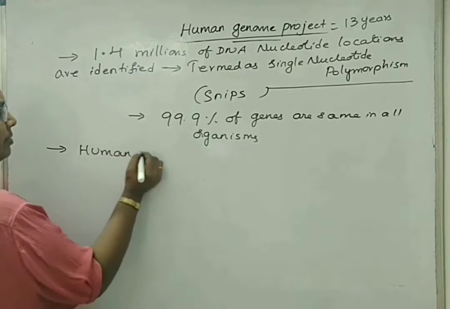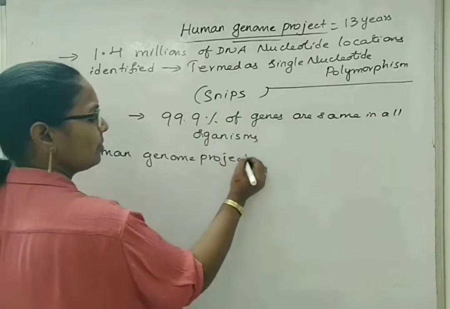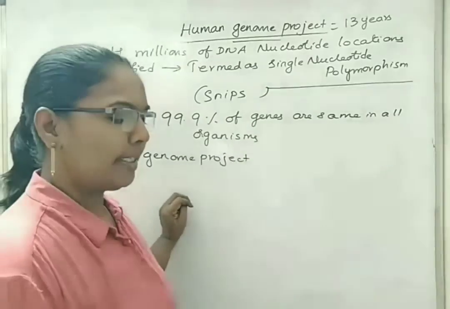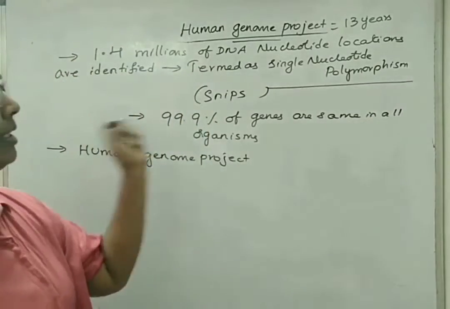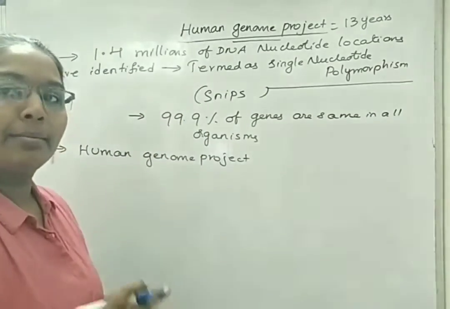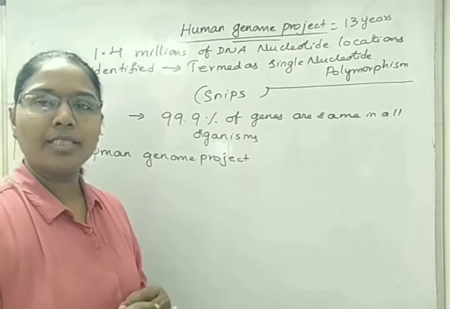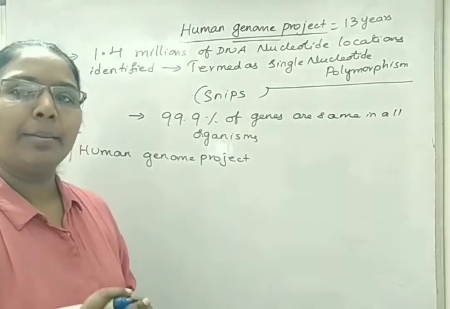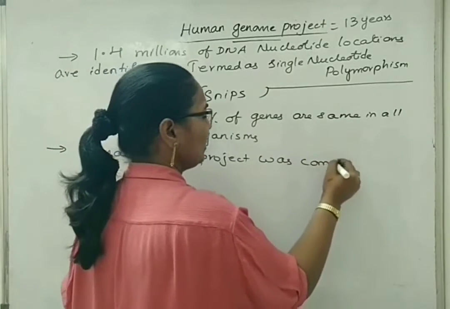Human Genome Project was perfectly completed in 2006. Here we have written up to 2003, that is 13 years. But by that time chromosome 1 was not studied; chromosome 1 also finished its complete study by the year 2006.